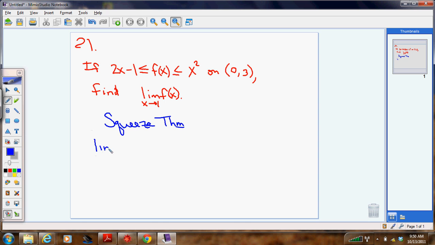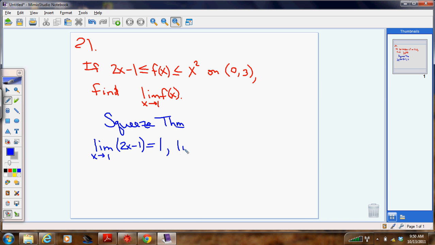So the limit as x approaches 1 of the quantity 2x minus 1, and since 2x minus 1 is just a polynomial, we can use direct substitution to evaluate this, and if I plug 1 directly in here for x, I'll have 2 minus 1, which is 1. So that was easy enough.